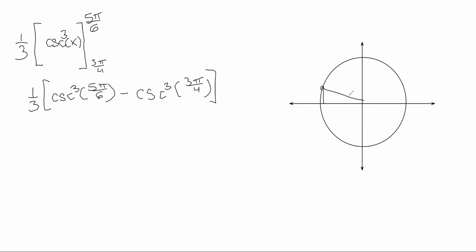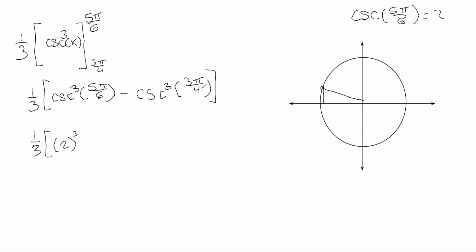That's a 30, 60, 90 triangle. The x is negative, but the y is positive. So if the sine of this angle is positive 1/2, then the cosecant of this angle is going to have to be 2. So that means cosecant of 5 pi over 6 is just 2. We have 1/3. This is going to be 2 to the third power.